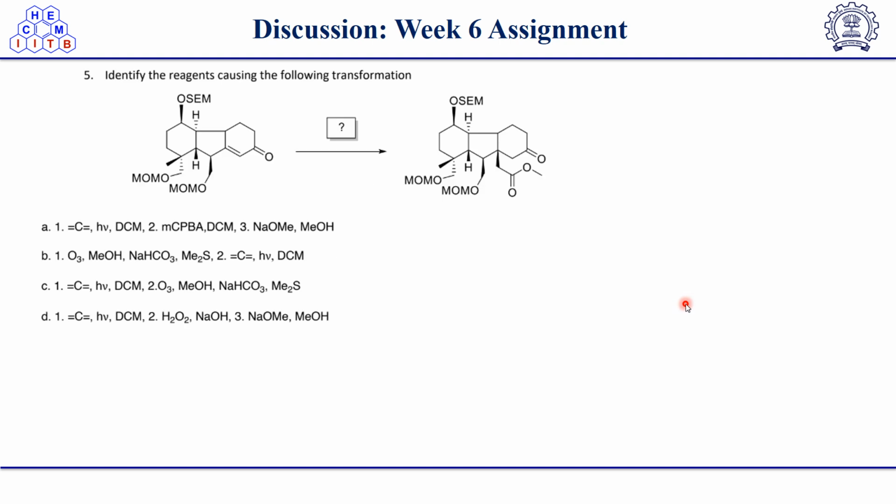Now moving to the next question, that is the fifth question. Identify the reagents causing the following transformation. Here, as we can see, this alkene is converted into this ester type of group, like one CH2 and then this ester.